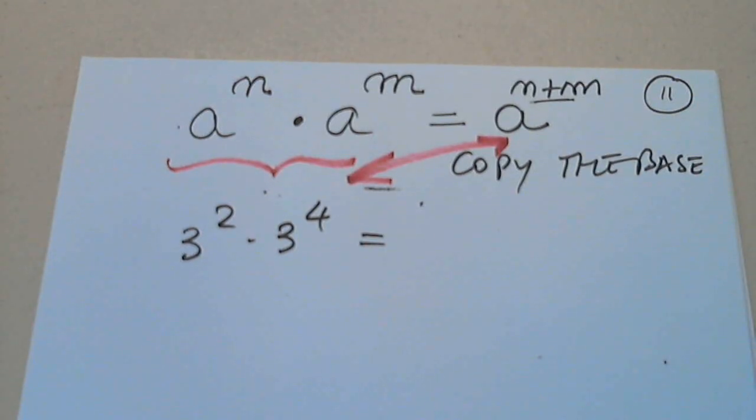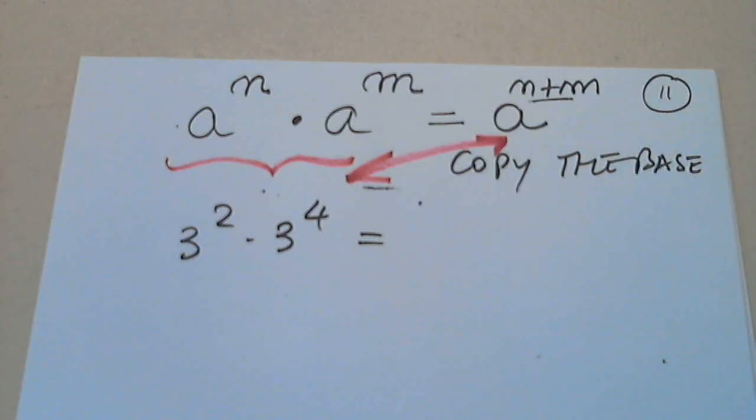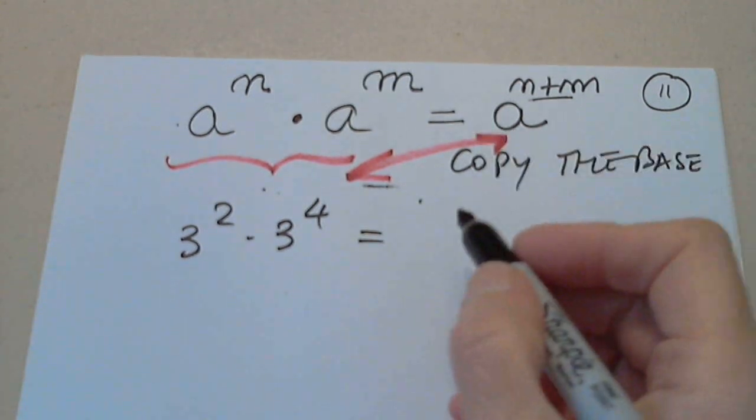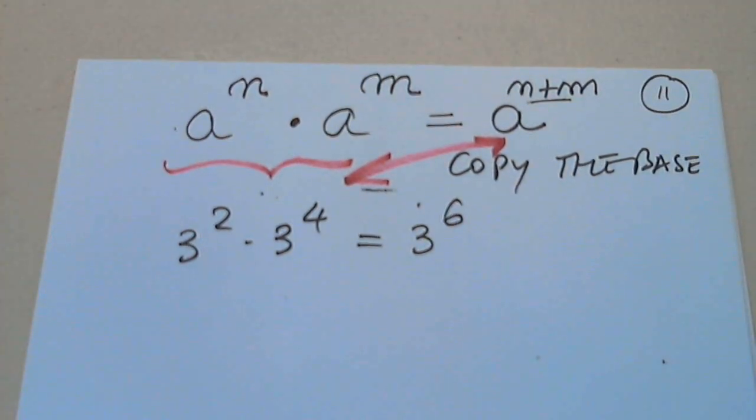I know that this is new. It's okay if you're wrong. What will the answer be here? Copy the base. To the 6th power? Indeed, excellent. Very good. So I copy the base and add the exponents.